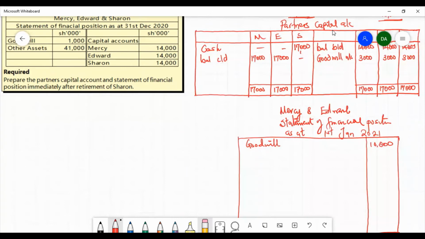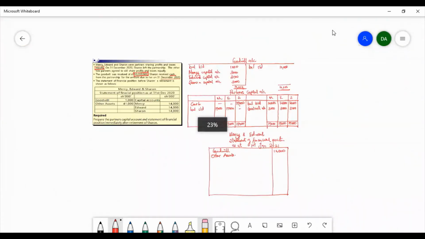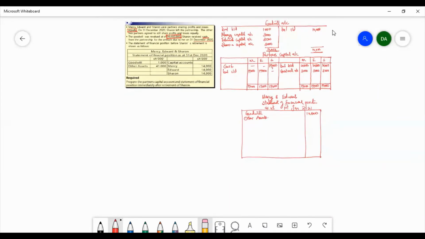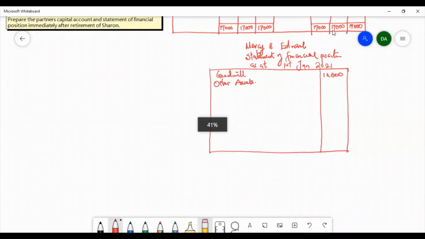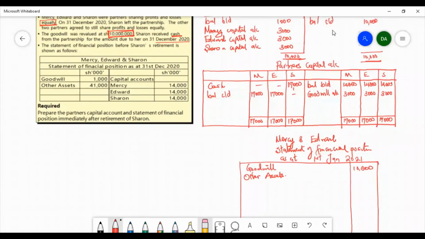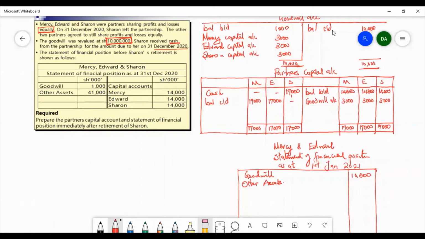That is followed by other assets. In the statement of financial position before retirement of Sharon, the other assets are a total of 41 million. As you can see here, the other assets are 41 million.